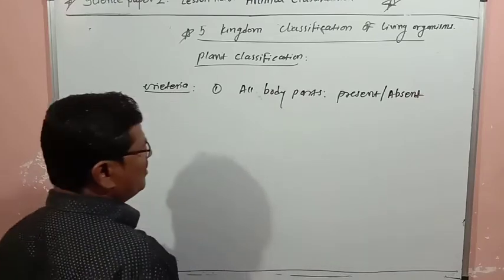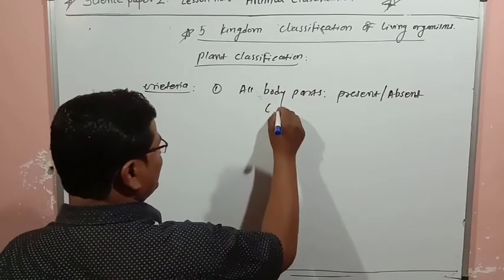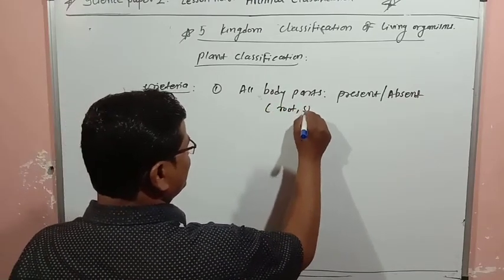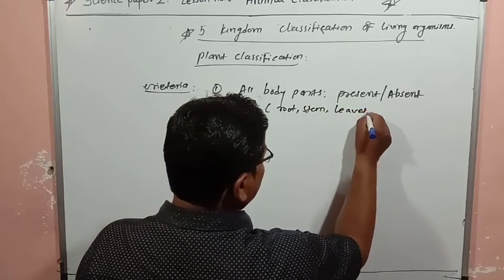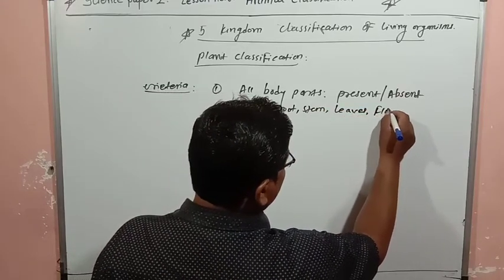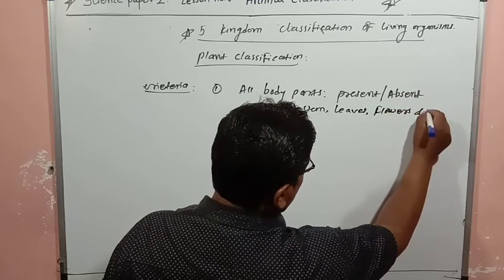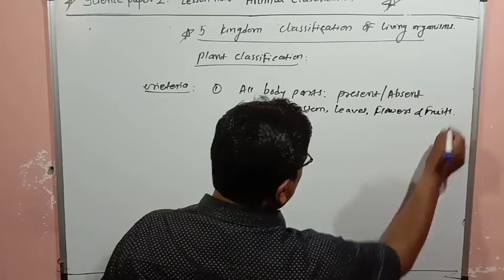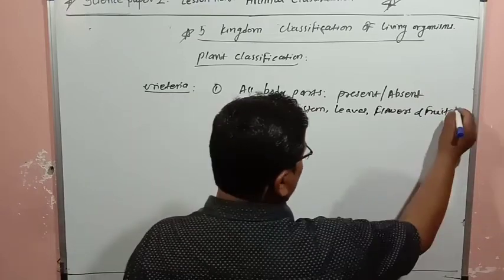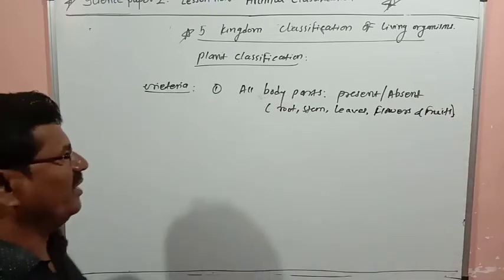On that it is also classified. Which parts are there? Root, stem, leaves, flowers, and fruits. These are the parts of the plant.